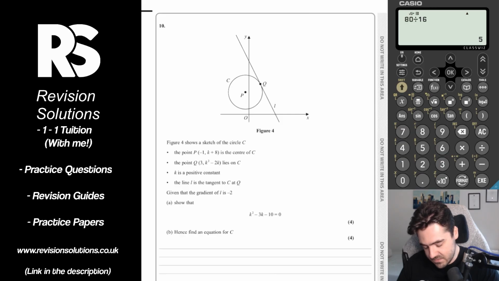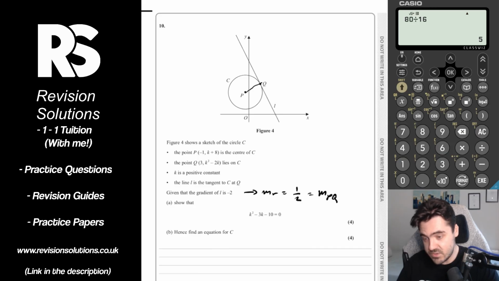So the two key pieces of information there really are that L's a tangent, which means it's perpendicular to the radius. So we could find the gradient of PQ using our points, and then we know the negative reciprocal of that would be minus 2. Or let's think about it, probably the easier way is the gradient of our radius is the negative reciprocal of minus 2, which is a half, which is the gradient of PQ.